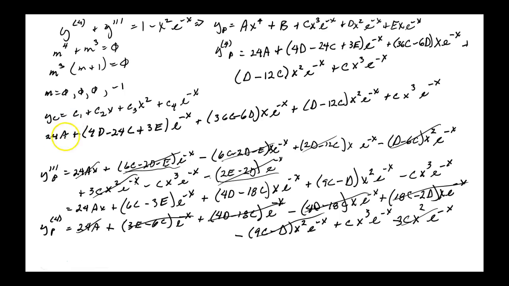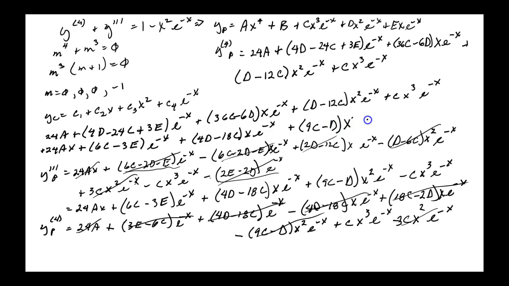It's another 24, it's a 24ax, plus a 6c minus 3e e to the minus x, plus a 4d minus 18c x e to the minus x, plus 9c minus d x squared e to the minus x, minus cx cubed e to the minus x.